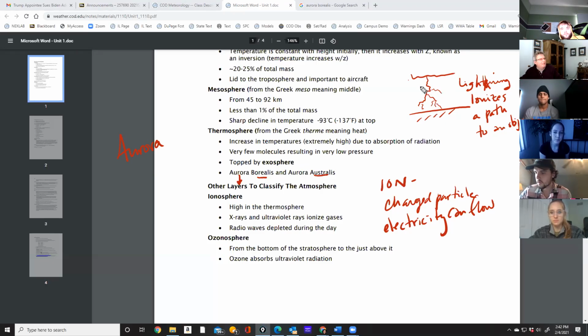Once that path is completely ionized, then lightning flies and it's really bright. So that's what lightning is all about. It's that electricity flow. So lightning and auroras are both electrical. And that's actually kind of important that you deal with this. Okay?